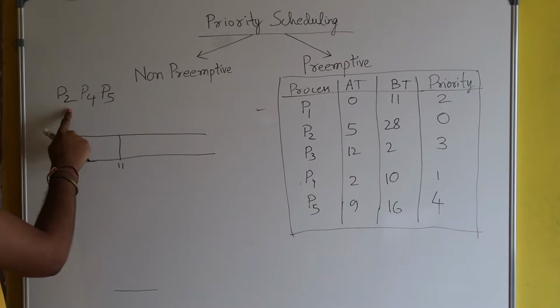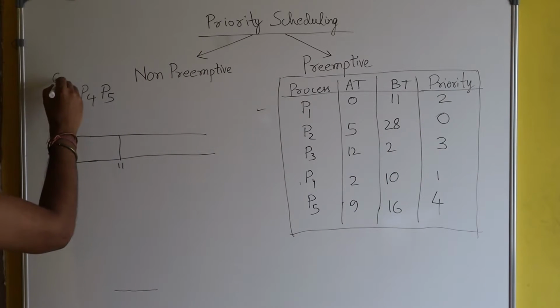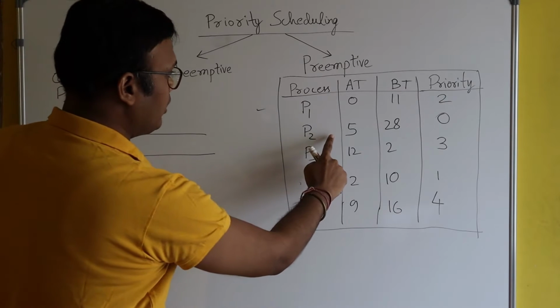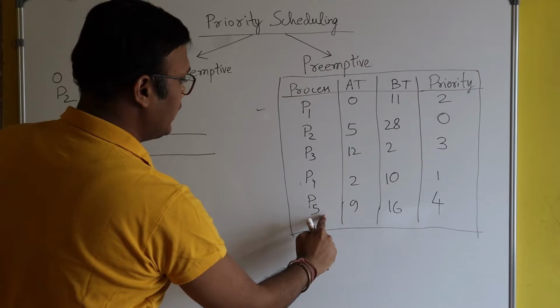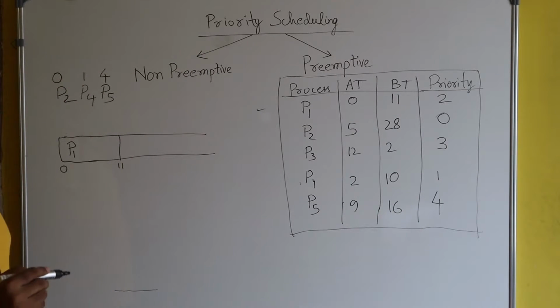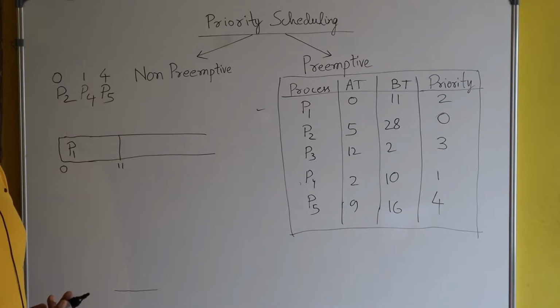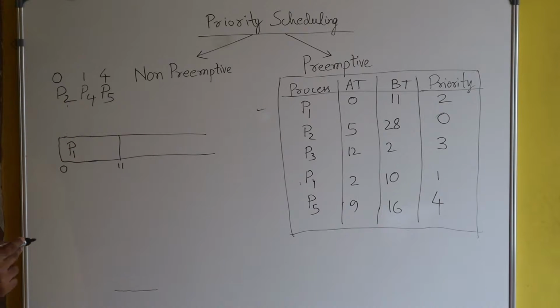The priority number of P2 is 0, P4 is 1, and P5 is 4. Here we assume that the lower the priority number, the higher the priority. It means the process with the lower priority number will be given the CPU first. P2 has the lowest priority number, so CPU will be given to P2.